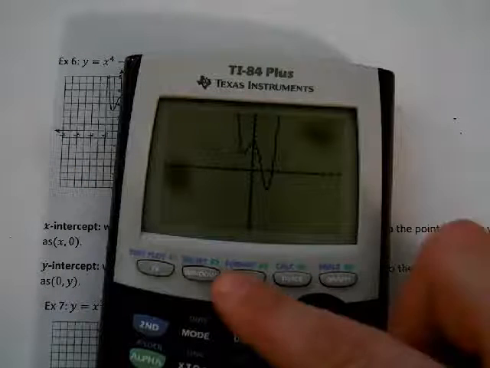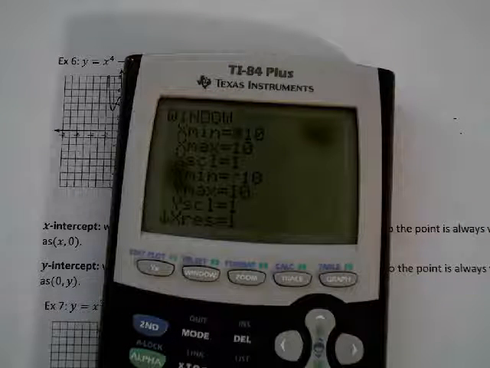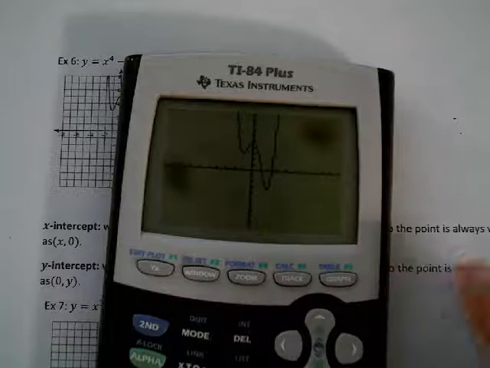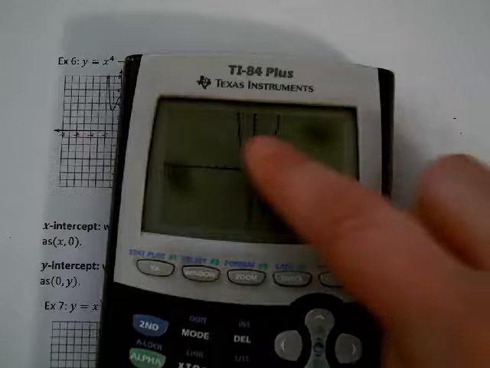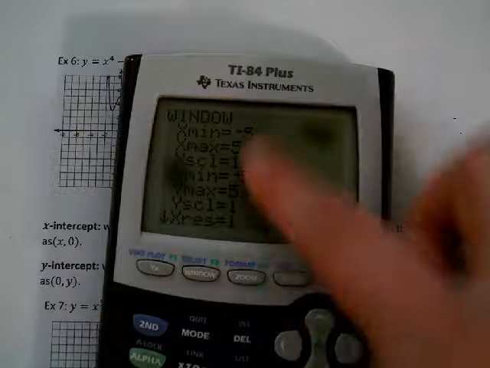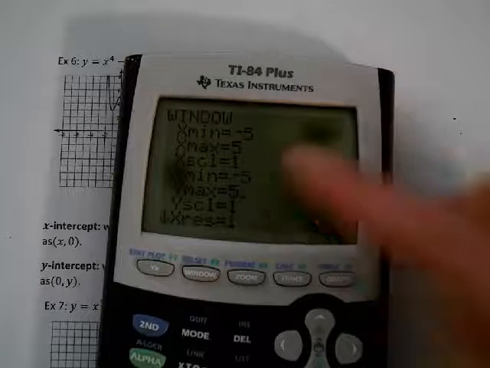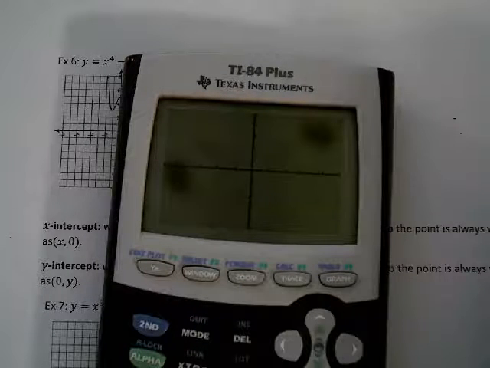I don't think it zooms very well, so I just like to take my window and zoom in manually. So on this one, maybe I would do -5, and just change all those from 10 to 5 instead. And then that would give the appearance of zooming in.